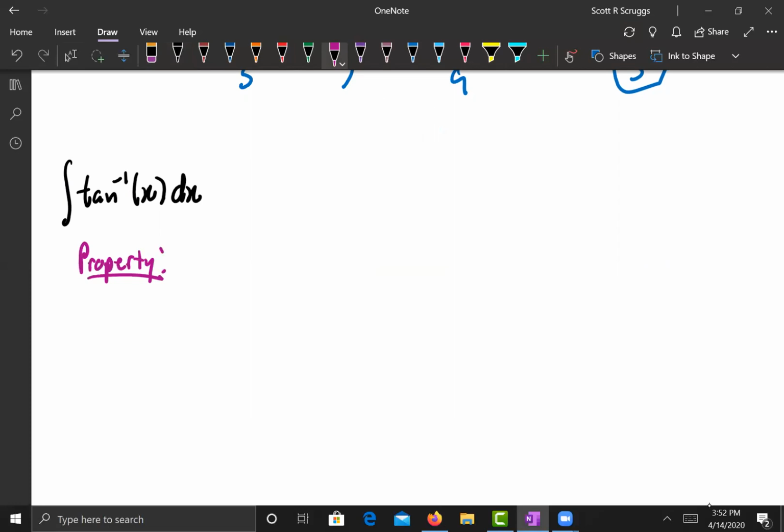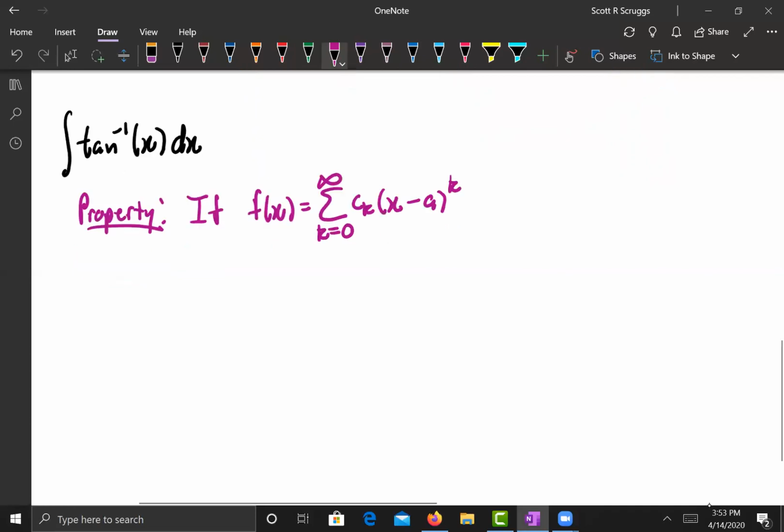It's that if I can represent a function as a power series, and it doesn't matter what the center is, so I'm going to make it an arbitrary center, then the integral or the antiderivative means that I can integrate term by term.